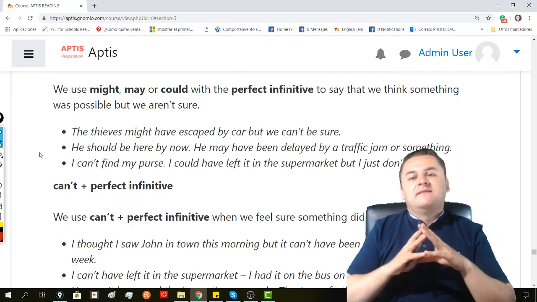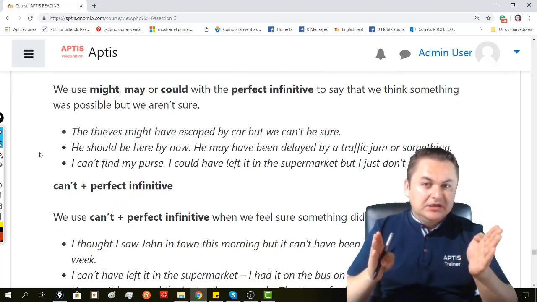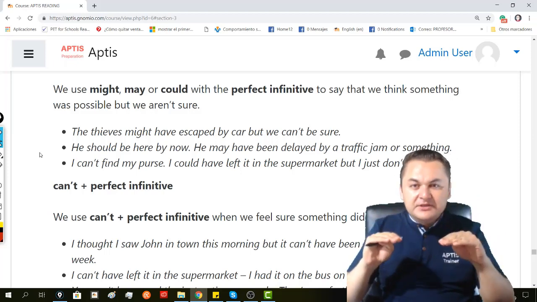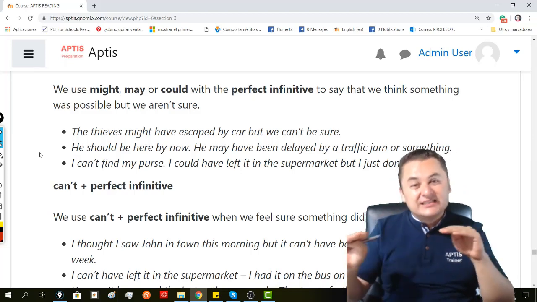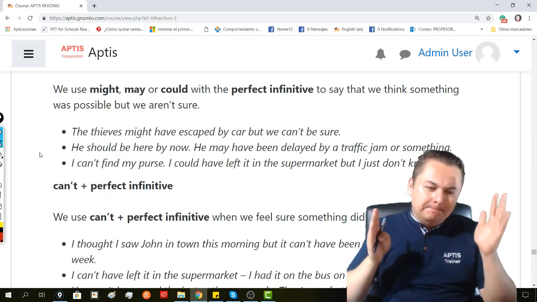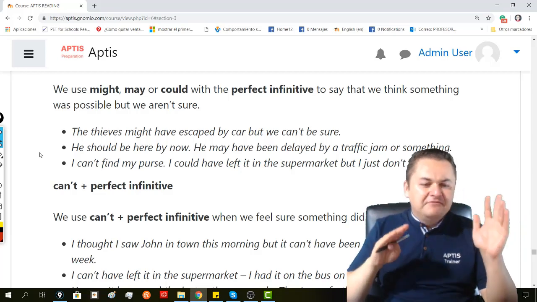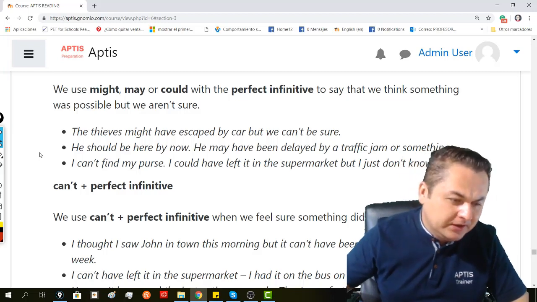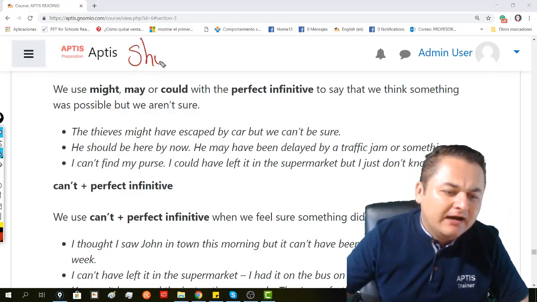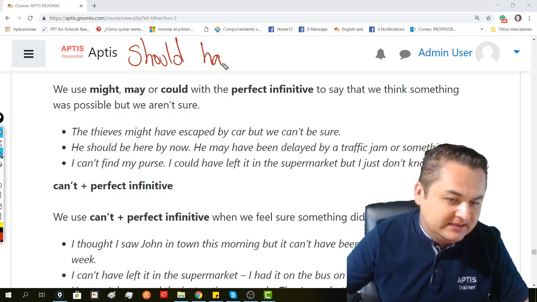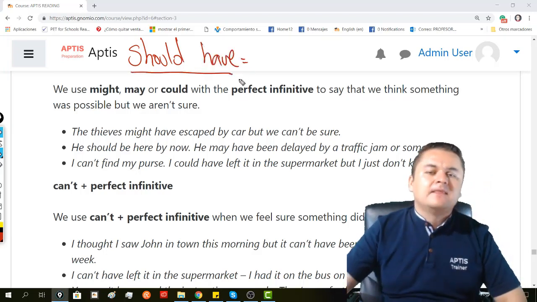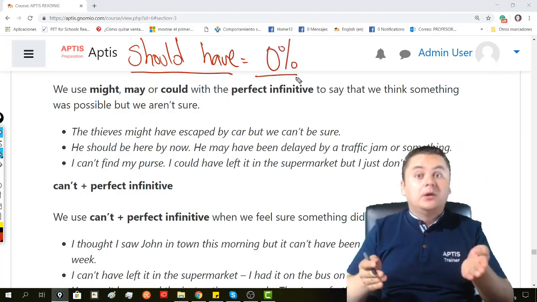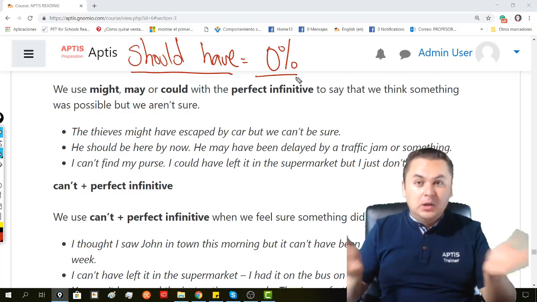So, 100% sure, you use must have. 50% sure, 50% uncertain, you use may have, might have, and could have. 0% sure, you use should have, or shouldn't have, but you can say just should have. So use should have if you are sure it did not happen at all.